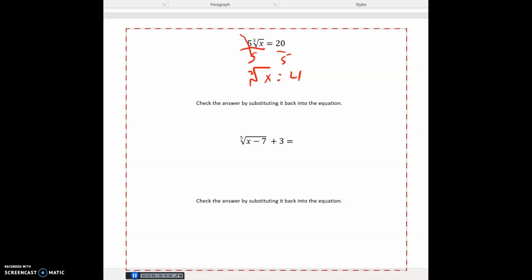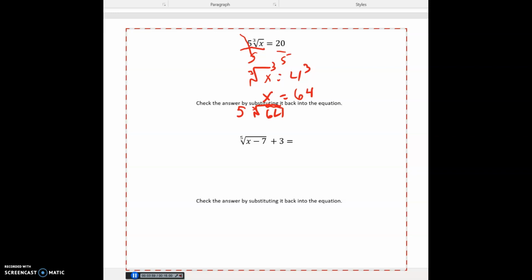Now, since that's a cube root, that means we've got to cube everything. x equals. You can get out a calculator, or you can do 4 times 4 times 4. When you get done with that, that ends up being 64. Again, you can put that in: 5 times the cube root of 64 equals 20.